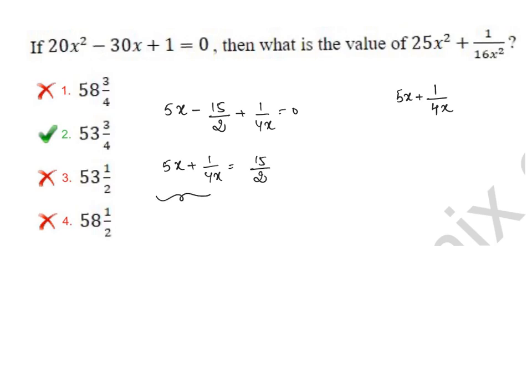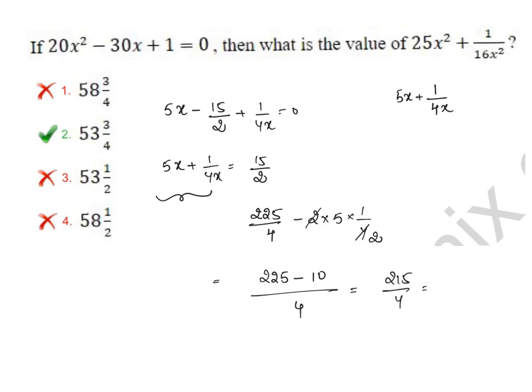Square it, you will get what you want. So 225 by 4 minus 2 into 5 into 1 by 4. So 225 minus 10 by 4, which is 215 by 4, 53 3 by 4 is the answer there.